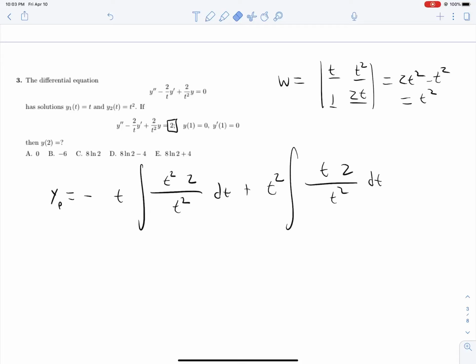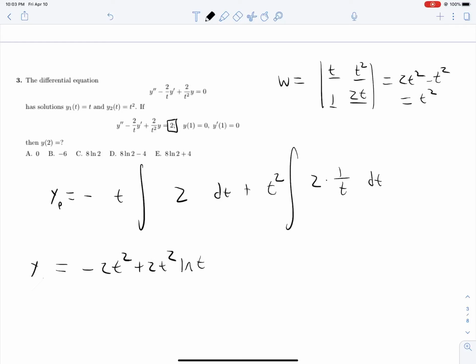All of this will cancel out, and we'll have 2 dt, and over here we will have 2 times 1 over t dt. And computing this will be negative 2t squared plus 2t squared ln t. I'm going to make this look a little better. Plus 2t squared ln t.